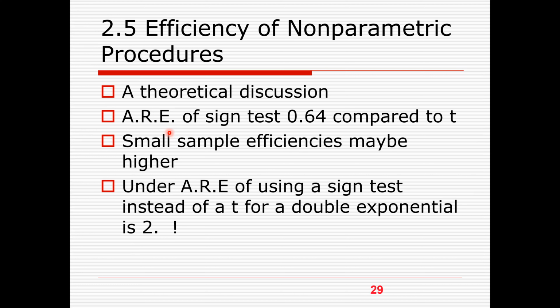Then in that case, a sign test with sample size n is as effective as a t-test with sample size 2n. Which means for long tail data, the sign test is more effective. So again, the sign test may not work efficiently for small samples. It only works efficiently when we have a long tail and we desire a large sample size.